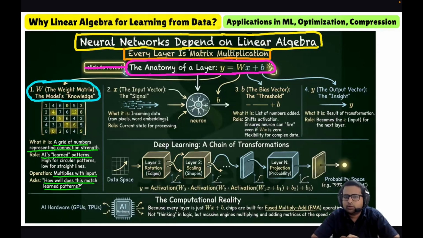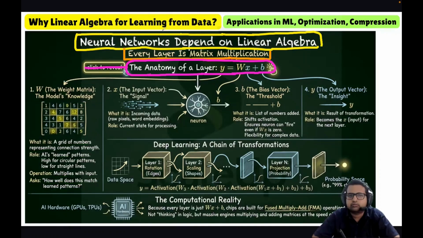The result of the matrix multiplication of W with the input vector x will determine the accuracy of the model's knowledge. Now in this equation, we have small x, which is the input vector.